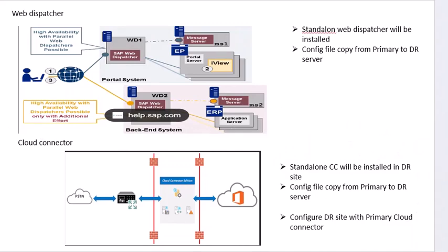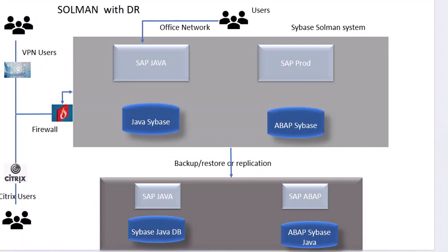Now when it comes to Solution Manager with DR, everything will remain the same option, but currently what is happening is we have a Java and a web system running on the Sybase, but we don't have replication to the DR site. So there are two approaches we are proposing. One is backup and restore, another one is replication.